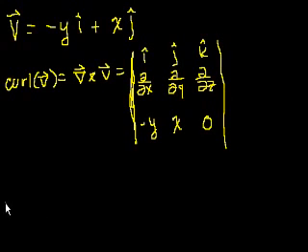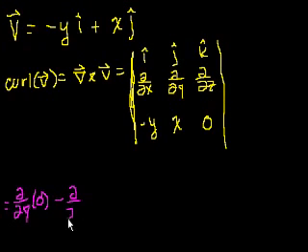So this is going to be equal to, we'll see the i component, let's cross out its column and its row. So it's going to be the partial with respect to y of 0 minus the partial with respect to z of x, right? Minus that. And all of that times i.